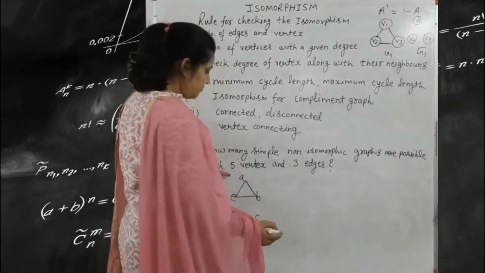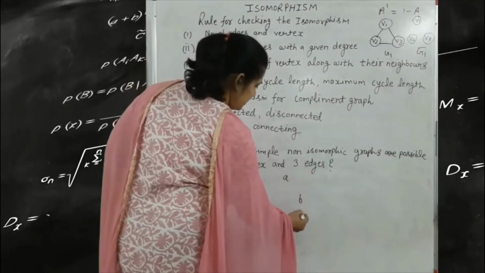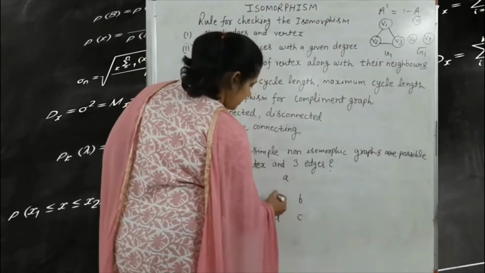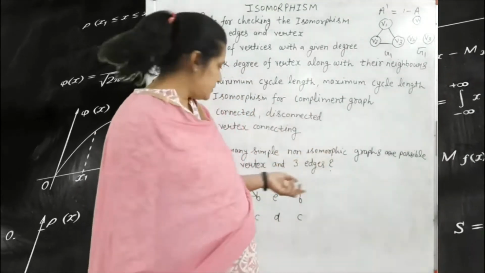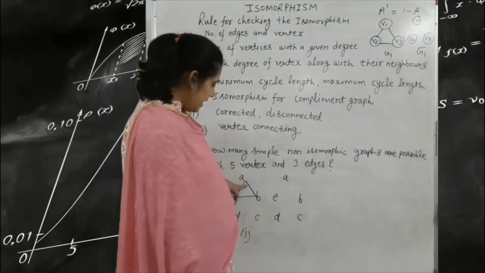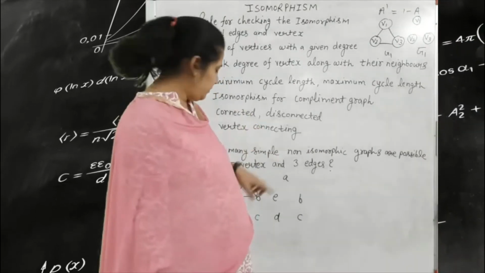The second one, we take the 5 vertices, that means A, B, C, D and E. Okay, and we make the non-isomorphic graph. So here A has degree 2, B has degree 2 and E also has degree 2.